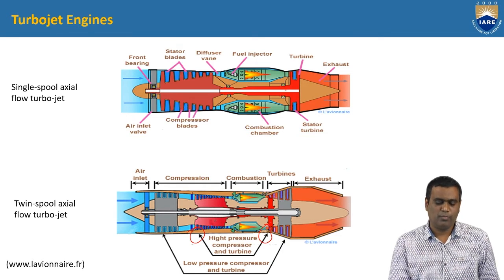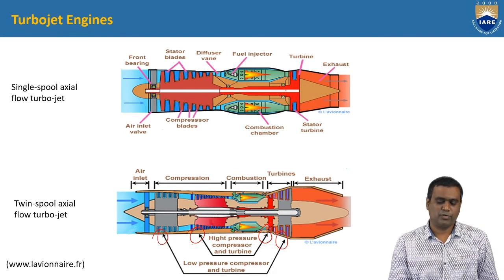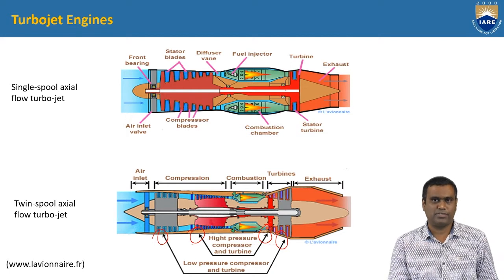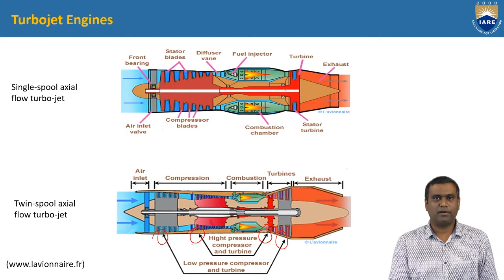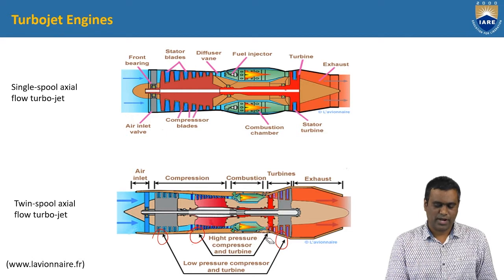And the low pressure compressor is driven by the low pressure turbine. They are also connected by a separate shaft. These two shafts may be concentric, meaning one shaft is fitted inside the other shaft.